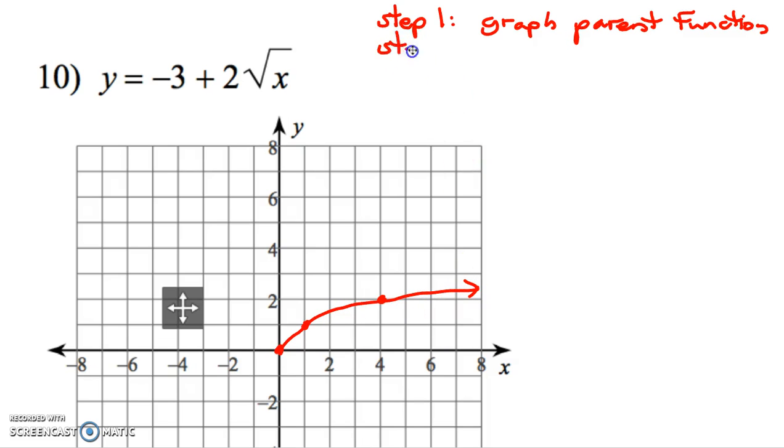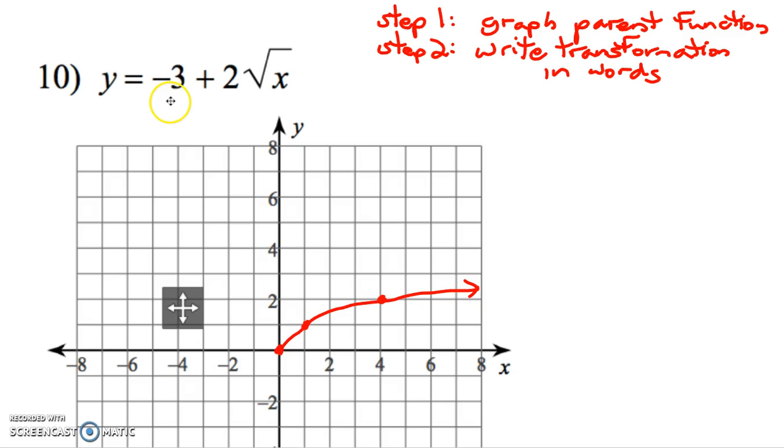The next step, and you'll follow these same steps for either sheet that you're doing, square roots or cube roots, is to write your transformation in words. So we'll need to go ahead and look at each piece.